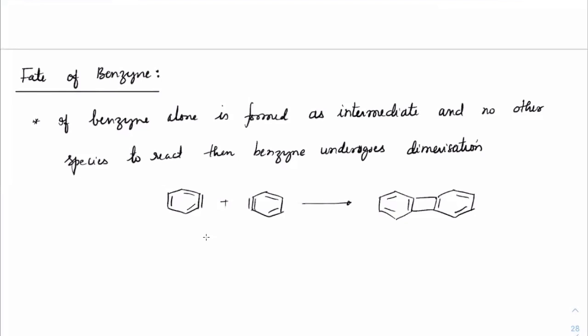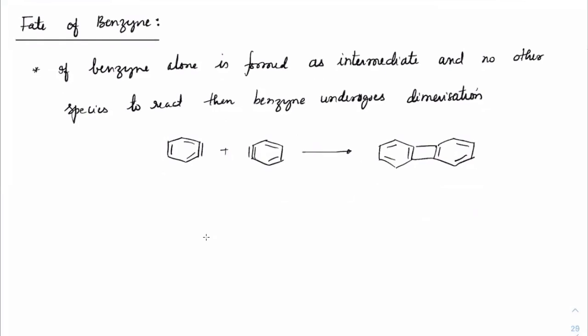The issue with this dimer is this ring is aromatic, but the ring which has formed at the center is anti-aromatic. So if at all I write the canonical, let me take this as canonical 1 and the other form of canonical. After forming, it can have 2 types of canonicals. This is the other type of canonical.